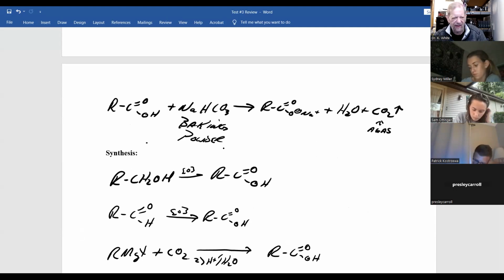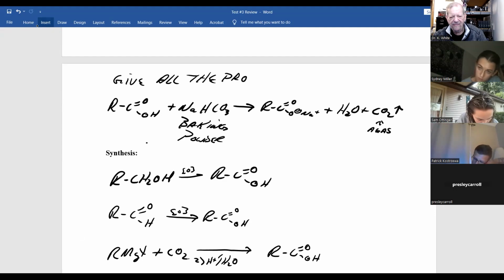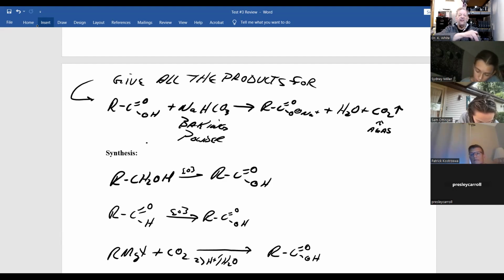And this one, if you look at the problem set, for this reaction, I ask give all the products, including inorganic, which is rare.